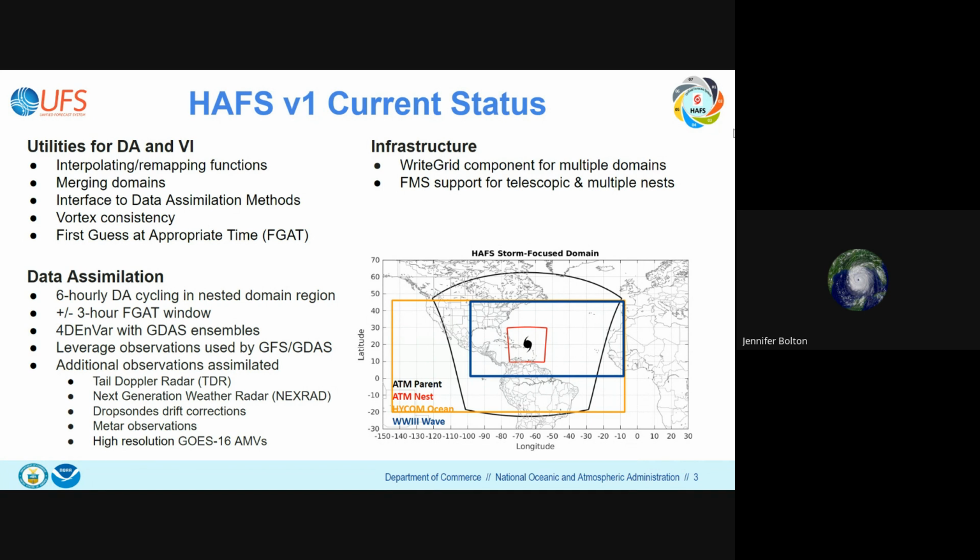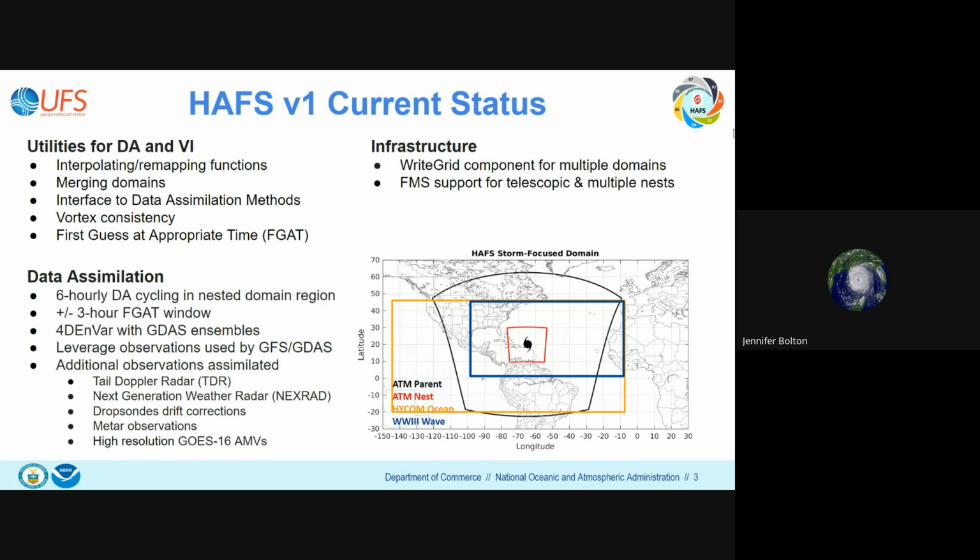These are UFS utilities, and they're also UFS-based infrastructure utils, which we use, whether those are dealing with interpolation and remapping, merging domains, providing interfaces to different data assimilation methods, making sure that we have a consistent vortex from cycle to cycle. Another DA technique called FGAT is also available to us.